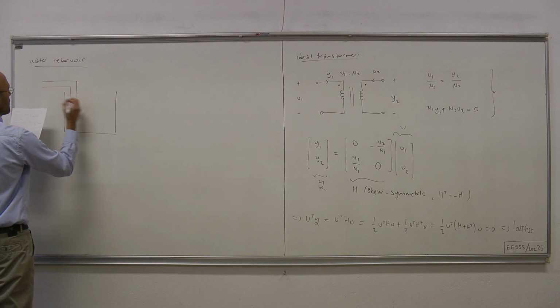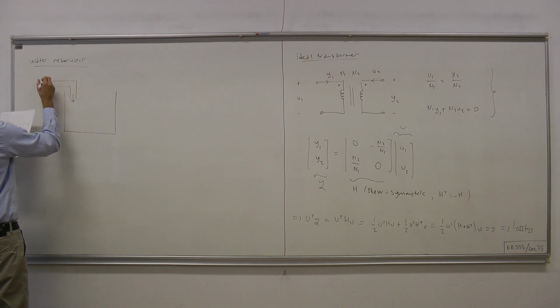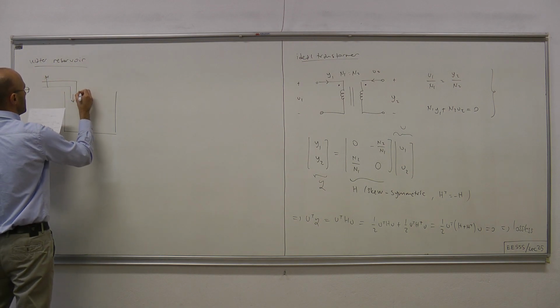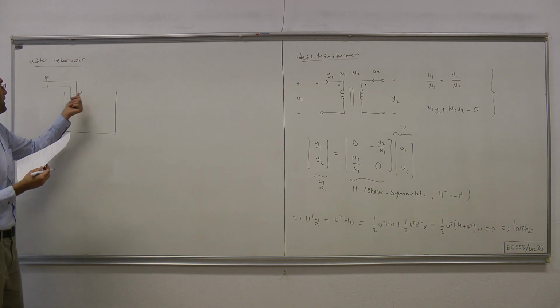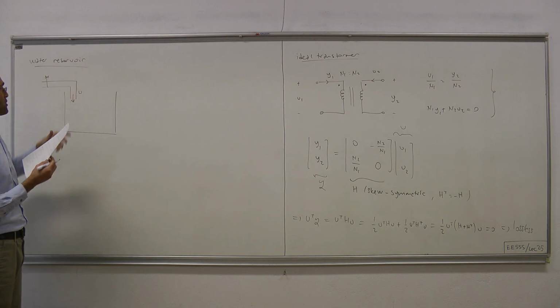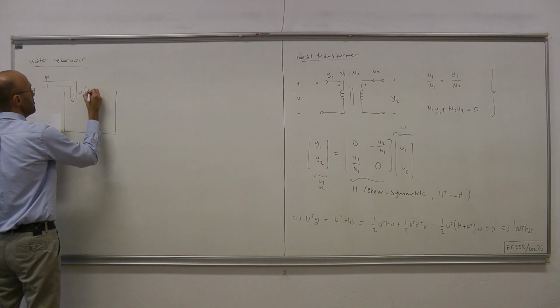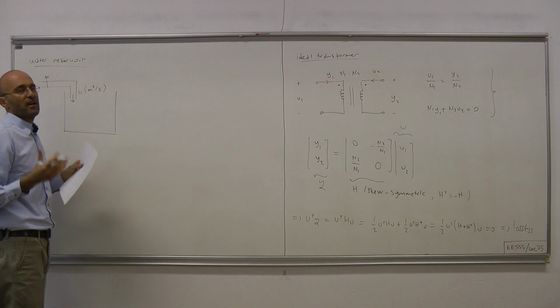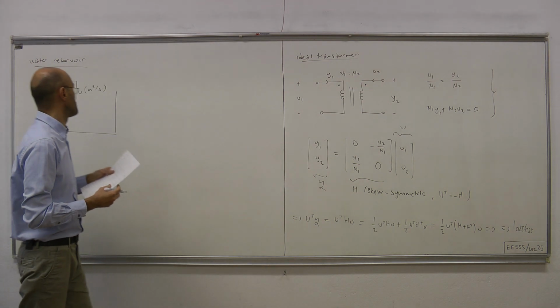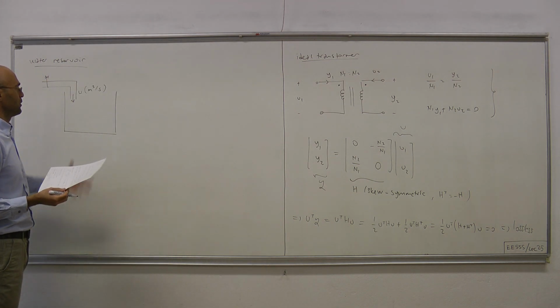This is where we feed the water from. We consider this as the input: the rate of water being pumped through this container. Its unit is meter cube per second, or tons per day, or whatever you like.